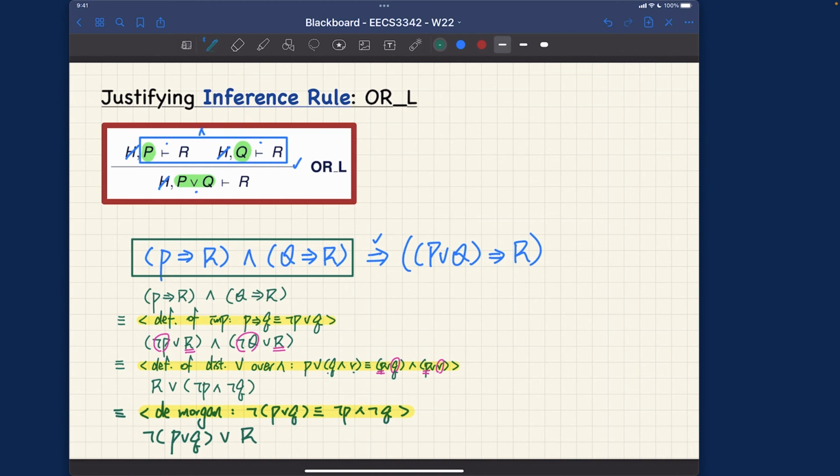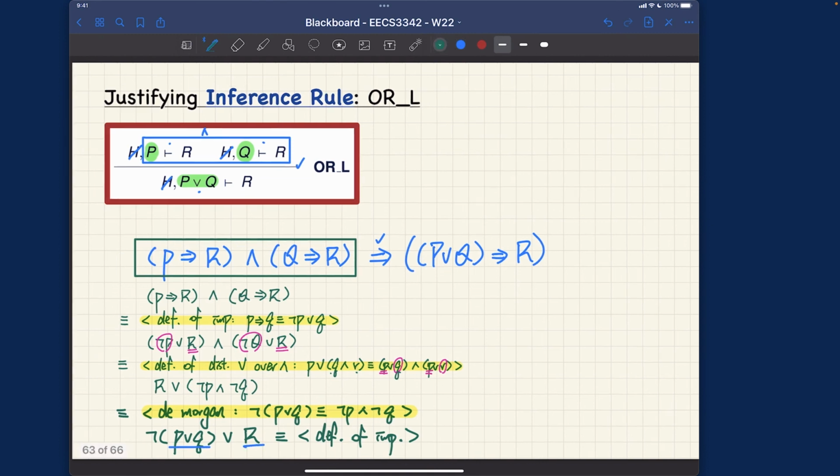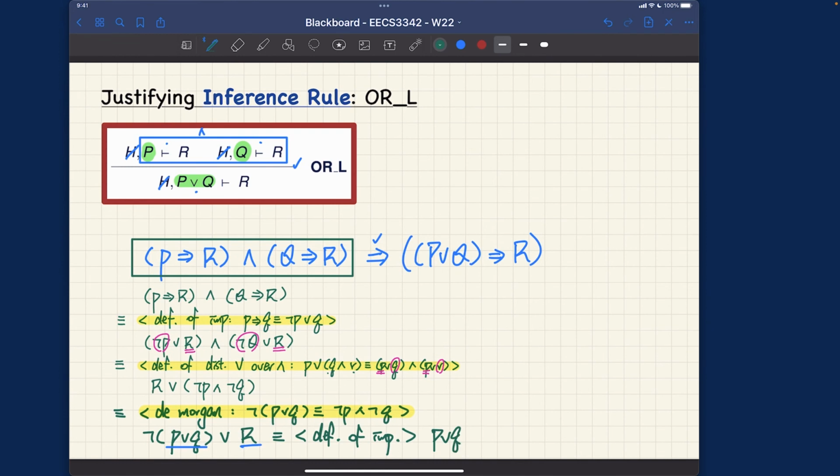So let me just do one more. This should be equivalent to, and let me put the steps over here, the definition of implication. The same definition, so I won't repeat it. In that case, you can see this part over here implies R. So that'll be P or Q implies R over here.